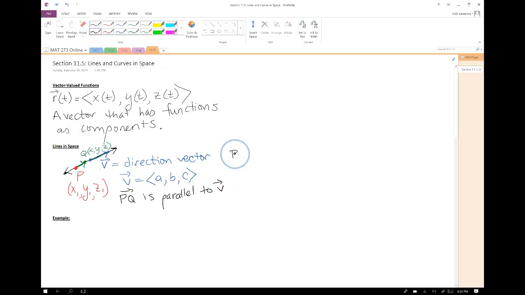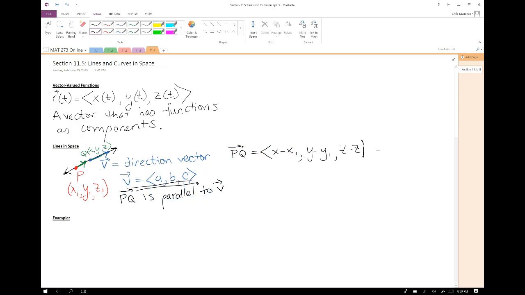So if we create vector PQ, we're going to do the Q coordinates minus the P coordinates. You always do terminal minus initial. We're going to have x minus x1, y minus y1, and z minus z1. These components should be scalar multiples of a, b, c.